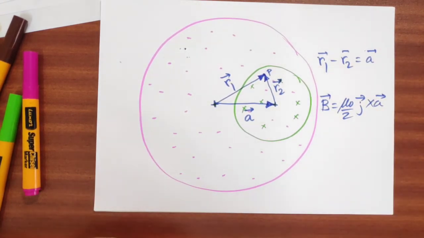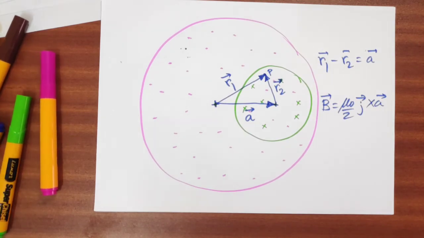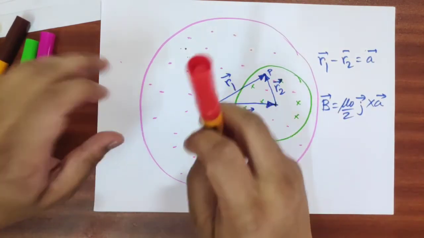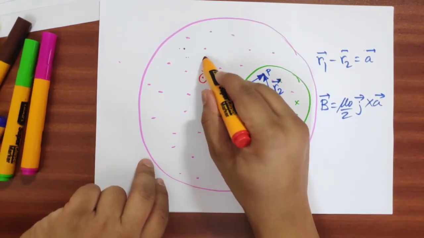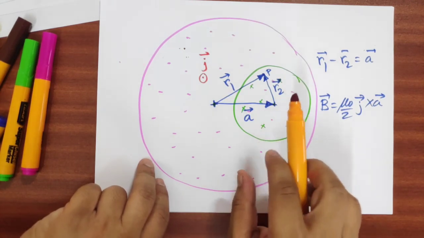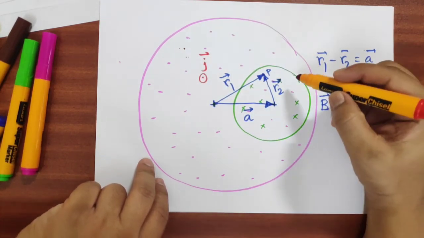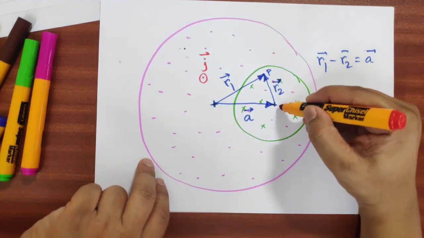What will be the direction of the magnetic field here? It is in the direction of J cross A. The direction of J is here, and the direction of A is here, so J cross A will be here.